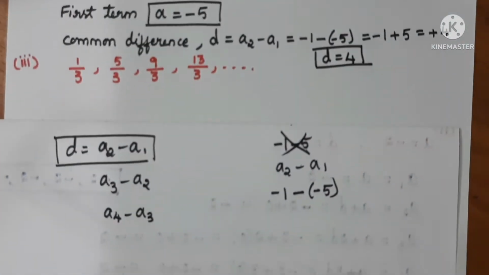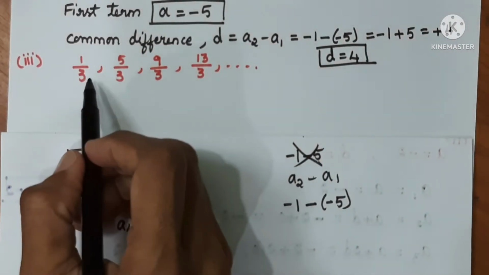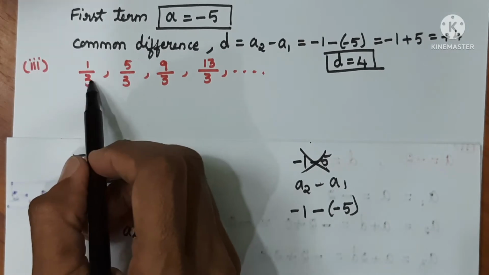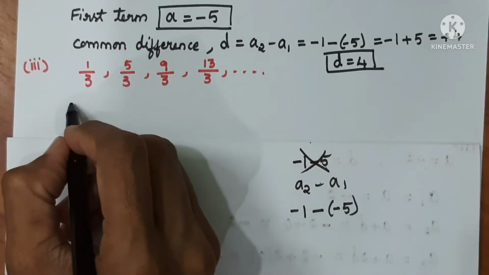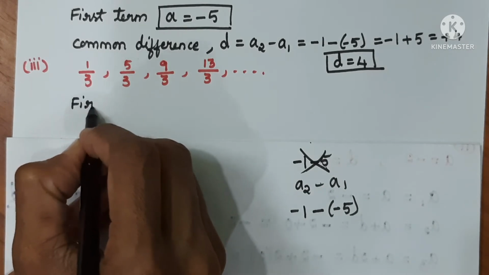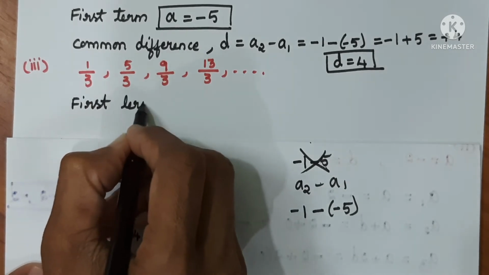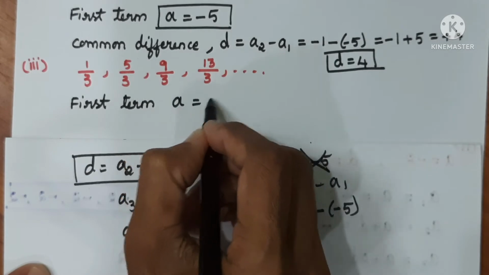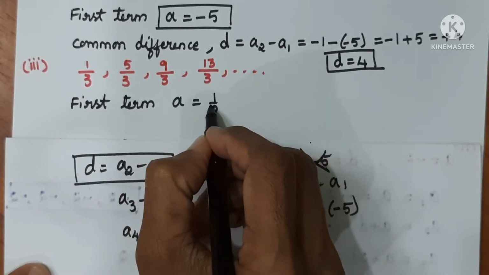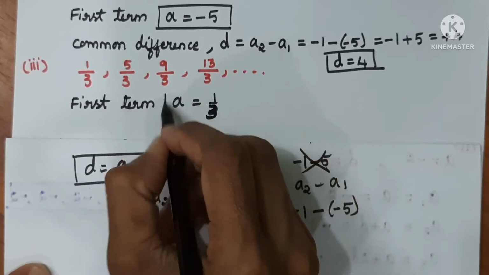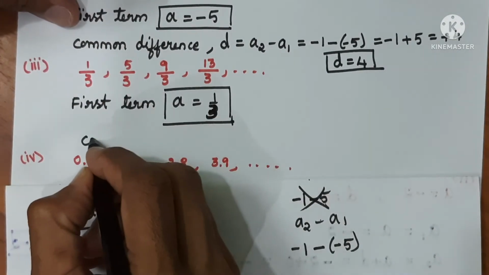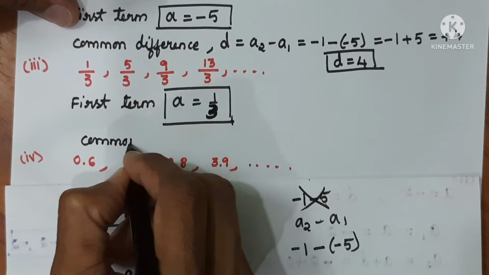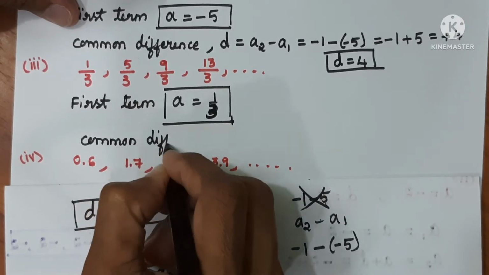Now let us see the third one. Here they have given the arithmetic progression as 1 by 3, 5 by 3, 9 by 3 and 13 by 3. Here the first term A is equal to 1 by 3. Now let us find the common difference.